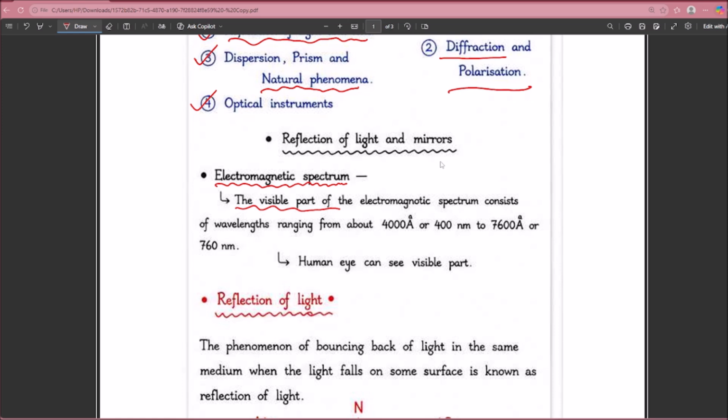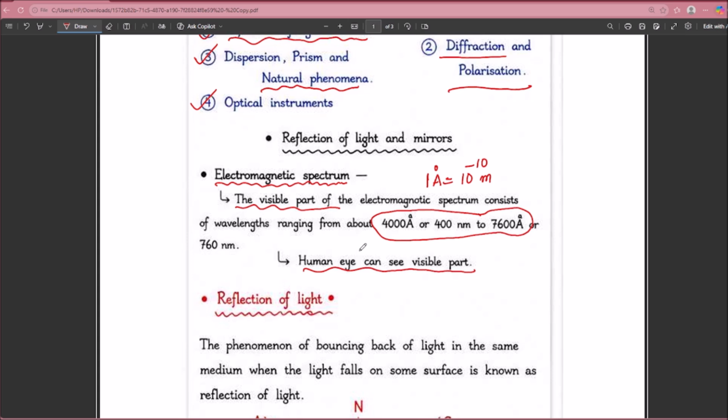As we know that 1 angstrom is equal to 10 to the power minus 10 meter, and the human eye can see these visible parts. So this is the spectrum of electromagnetic radiation which covers the visible part or the light part.